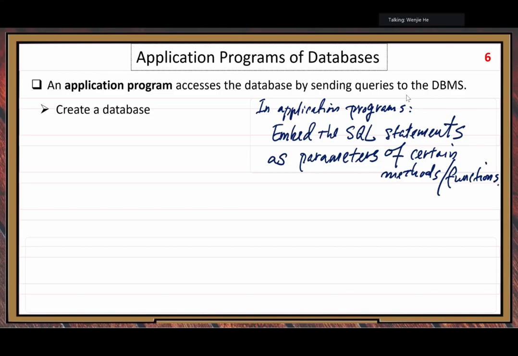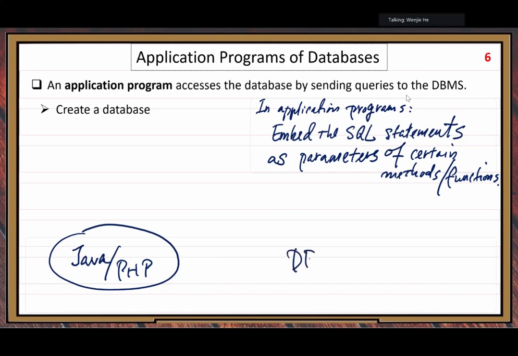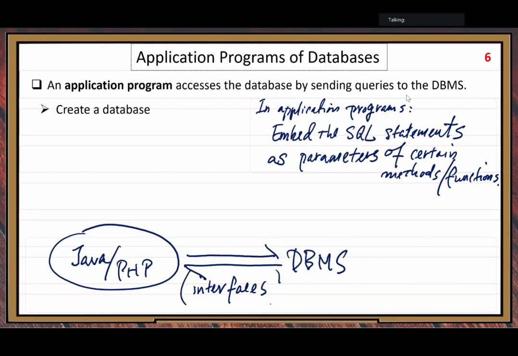Inside your high-level language, let me draw another part. Here, Java or PHP, the high-level language, and here the DBMS. How do they communicate? Through interfaces, which we call programming interfaces.